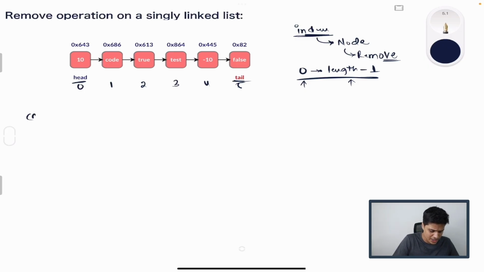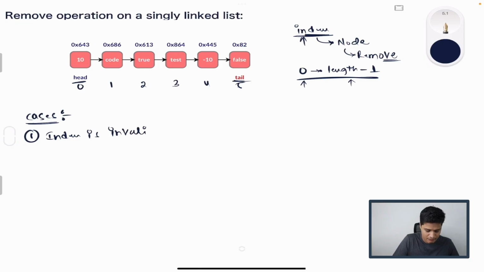Now let's try to understand the different cases that can come up when we are implementing the remove operation on a singly linked list. The very first scenario is, since we are taking the index from the user, the first check would be to check if the index the user is passing is invalid.